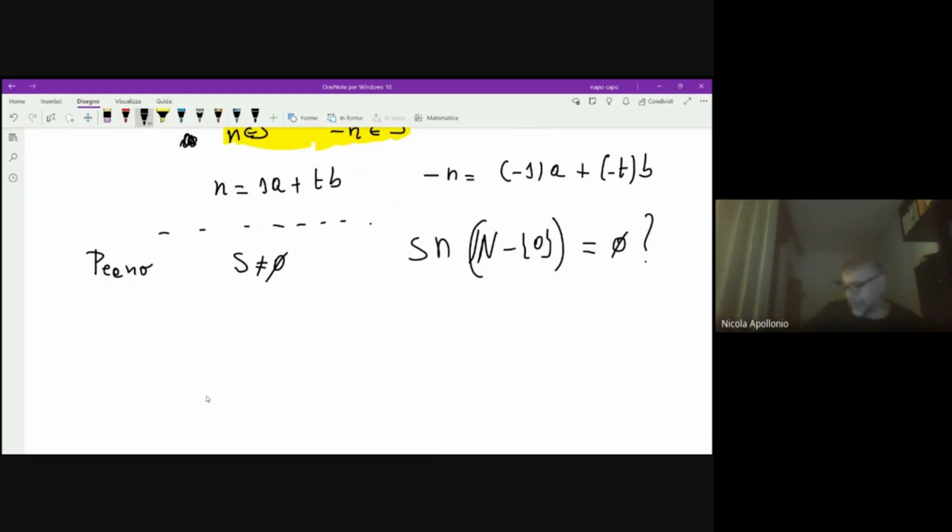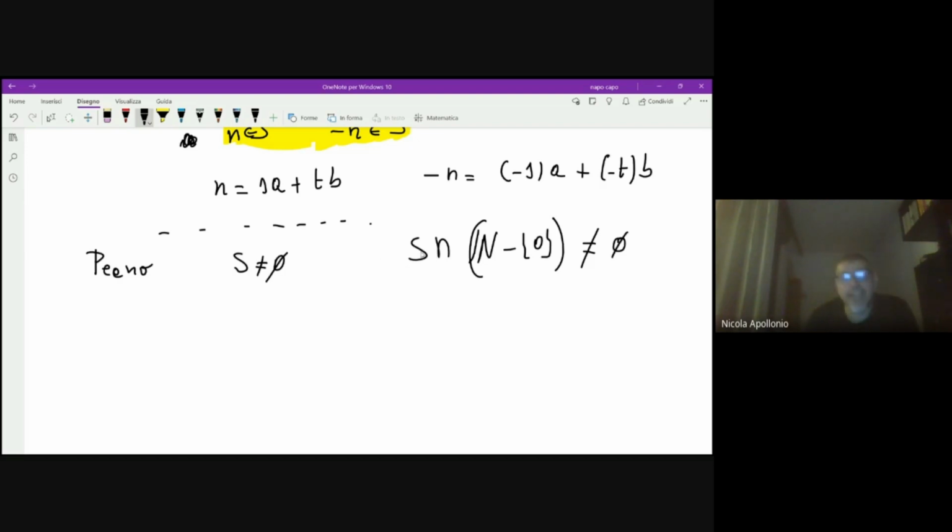So we can write this. We can negate. And moreover, what is most important is that this set is a non-empty subset of the set of natural numbers.